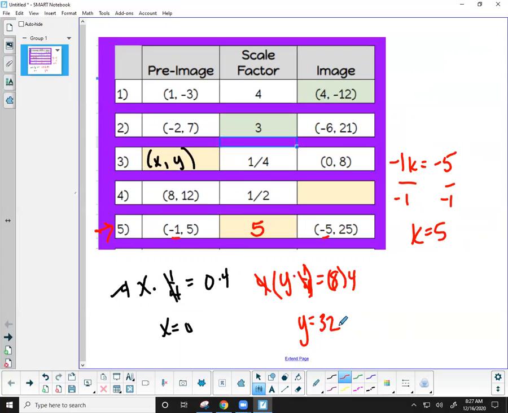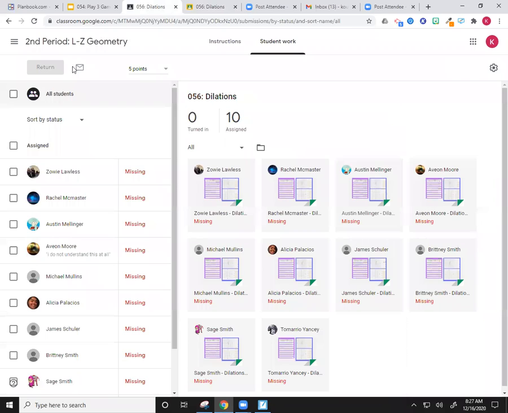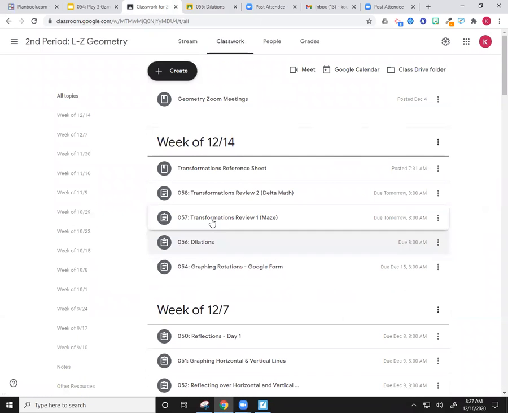Any other questions? All right, tomorrow we're going to take a quiz on transformations, okay? In Google Classroom today, you'll see a couple different things. Oops, let me move these down.